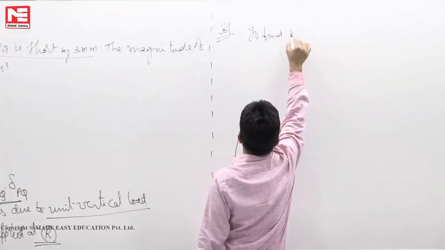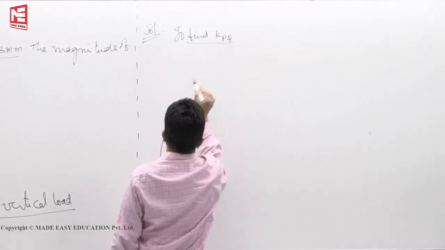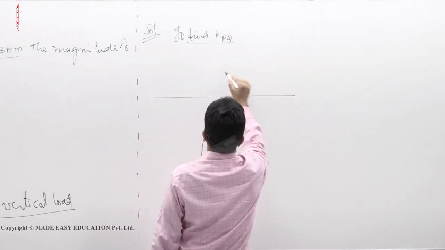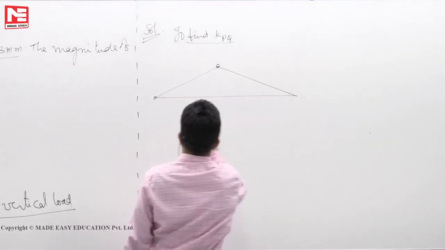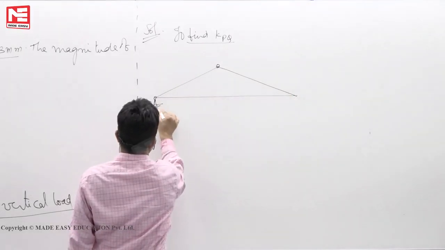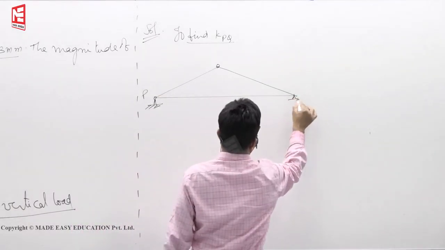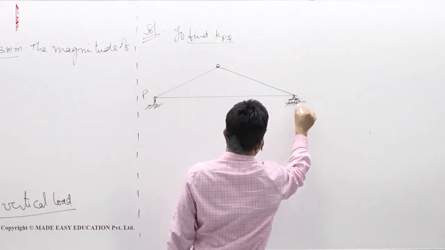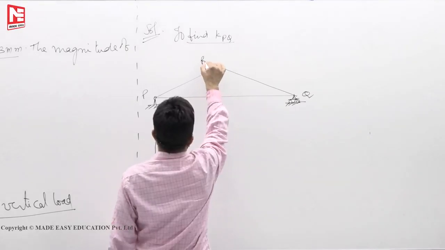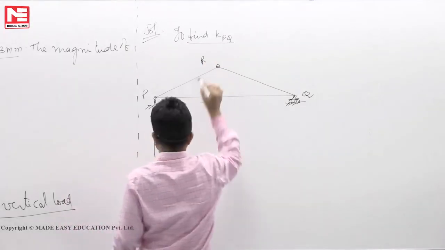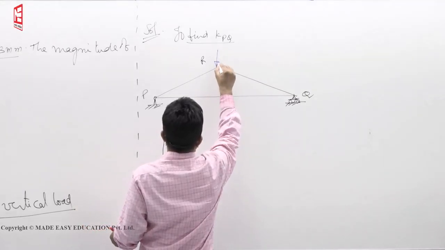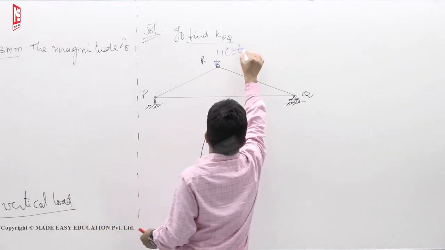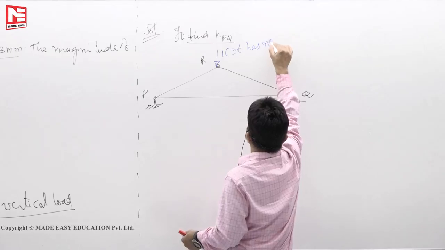To find KPQ: P, Q, R. Now assume that we don't know whether it goes down or up. It goes downward, 1. This 1 has no units.